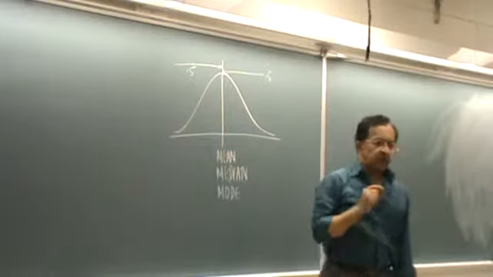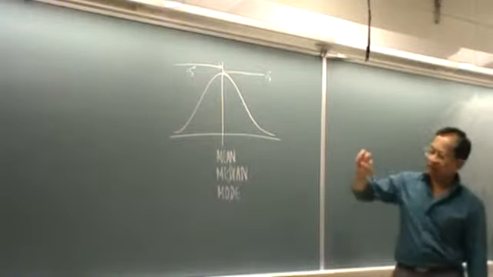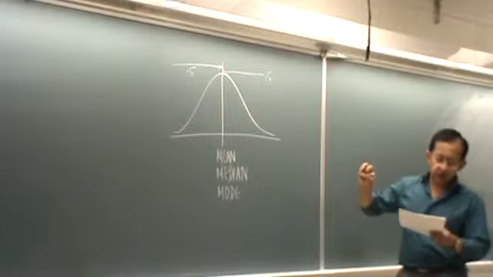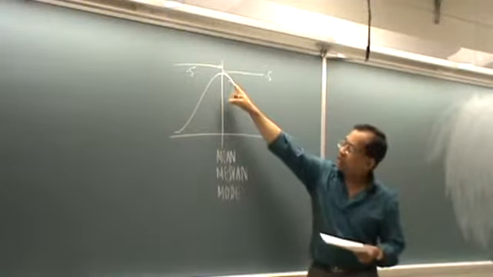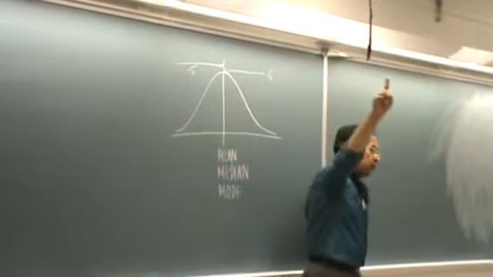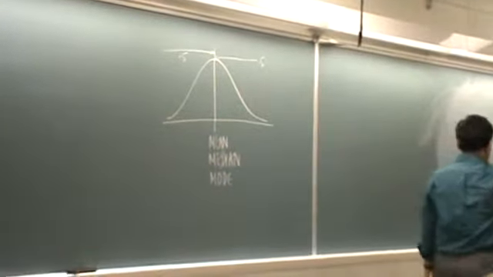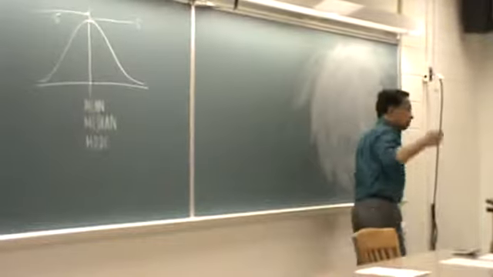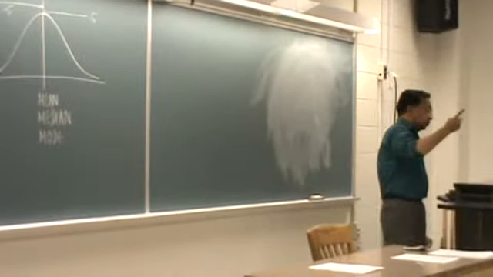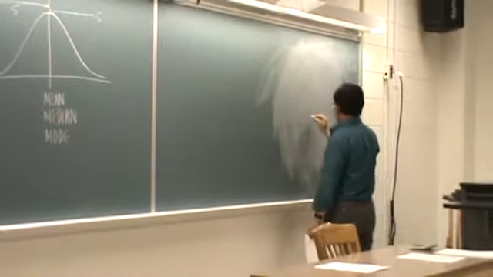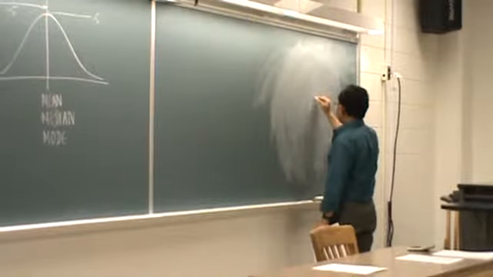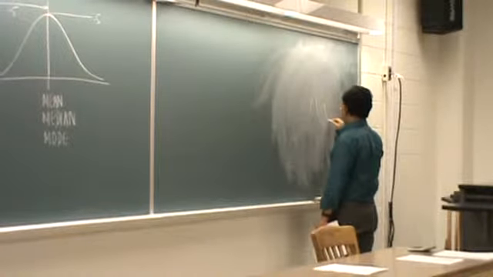Okay, so if you look at the normal curve, what are the important things? If you look at the peak, it has only one peak. Because if you have more than one mode, like two modes, then you are going to have this kind of a curve.